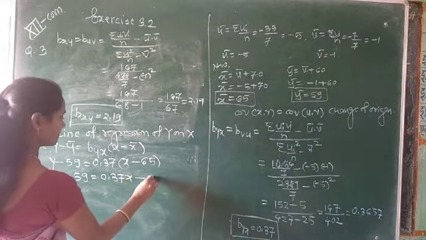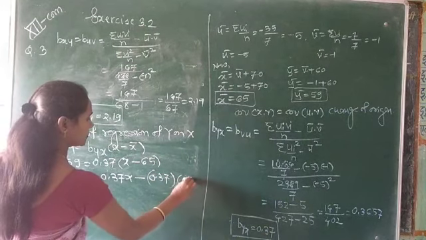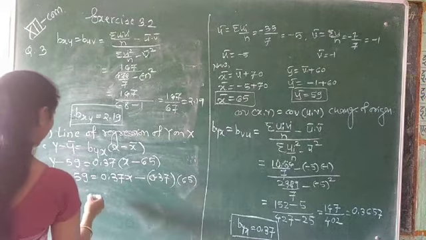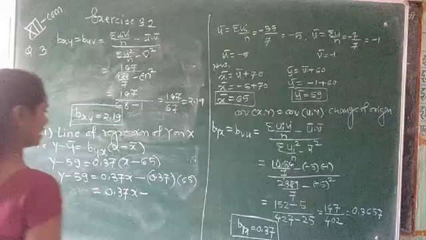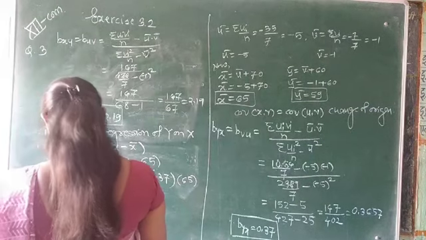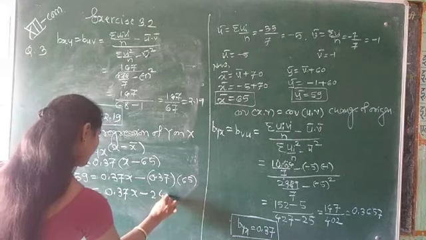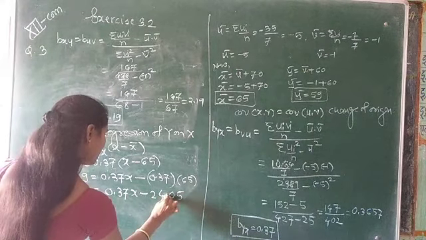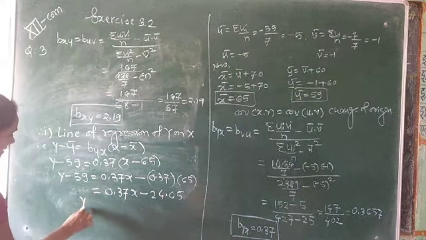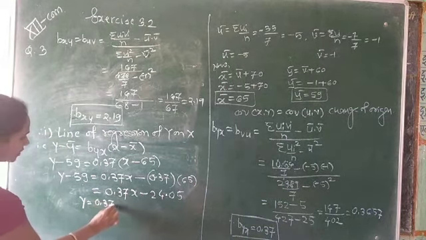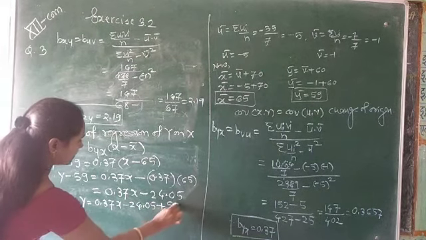0.37x minus 0.37 into 65. If you write the product, 0.37x minus 0.37 into 65, that is 24.05. Now the minus 59 on this side becomes plus 59. Therefore y is equal to 0.37x minus 24.05 plus 59.